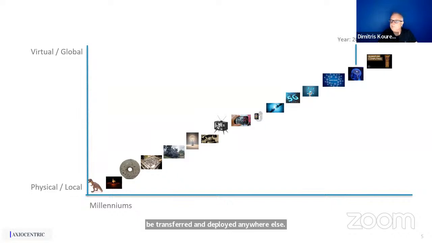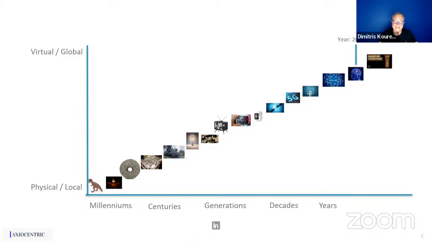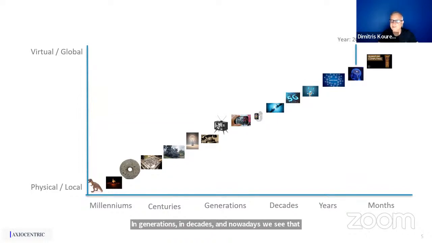So it was taking maybe millennia at the very beginning to spread what somebody learned about technology. And that kept becoming faster all the time. Later on, technology started being deployed and used in centuries, in generations, in decades, and nowadays technologies can be deployed in years or within months.